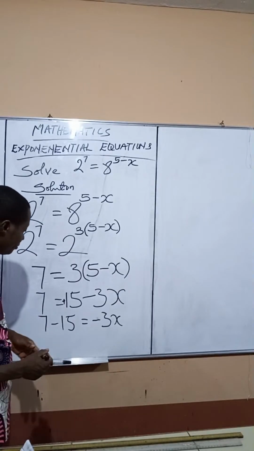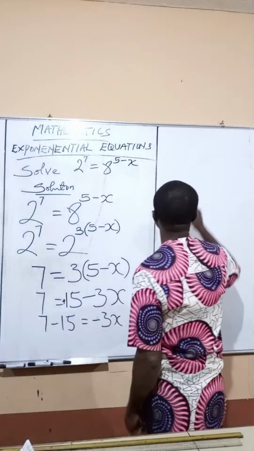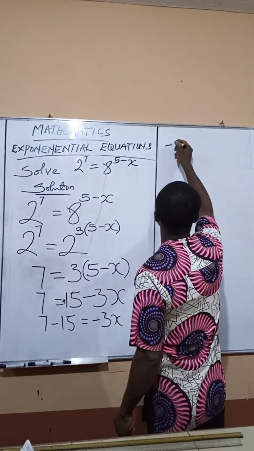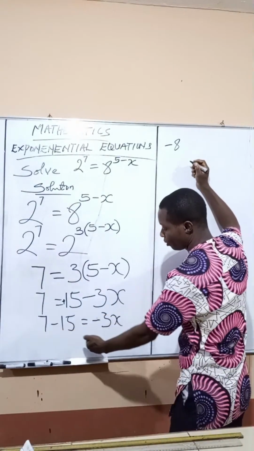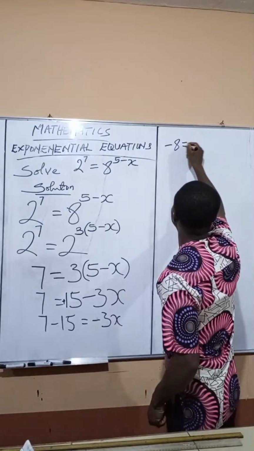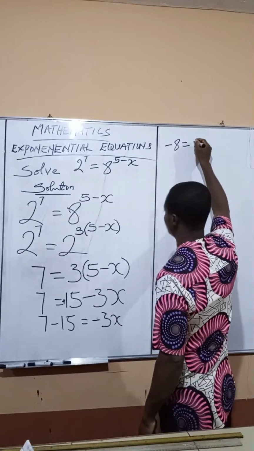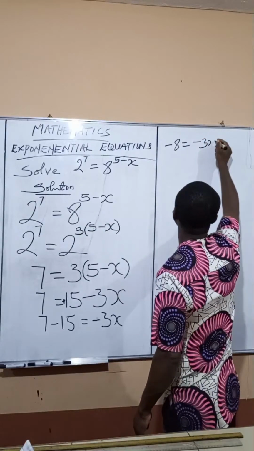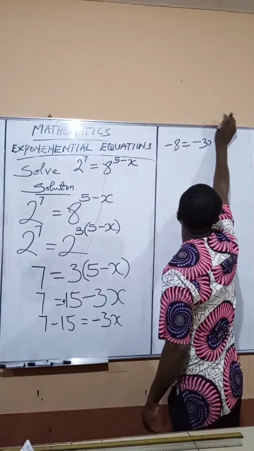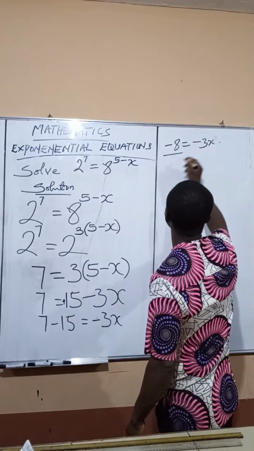So this is quite simple, which means we are now going to have minus 8 at this side, equals minus 3x. So we can divide both sides by minus 3.